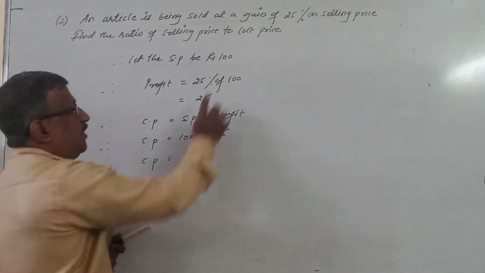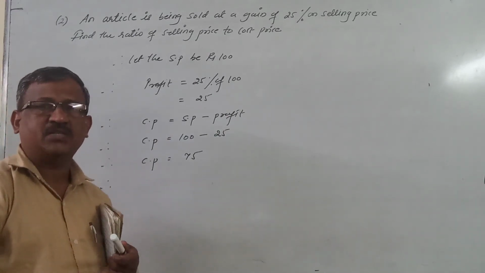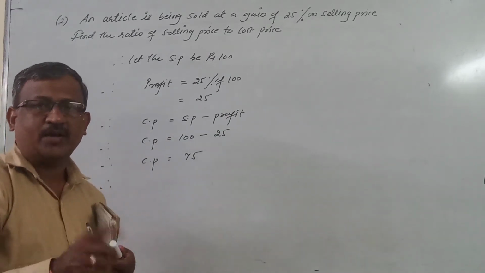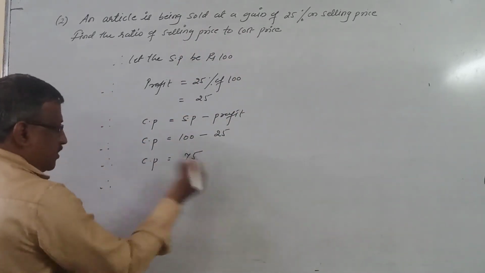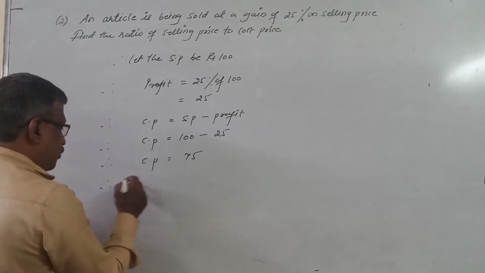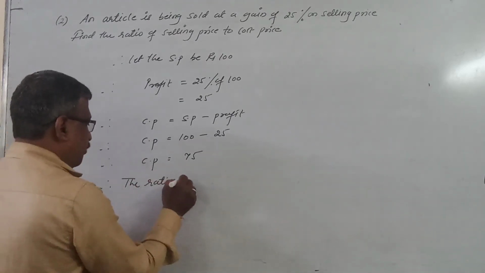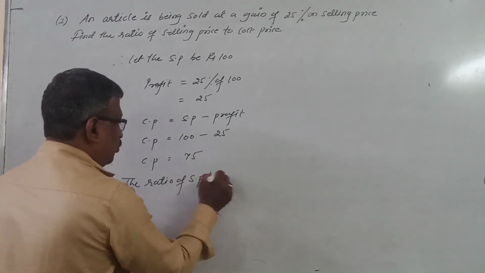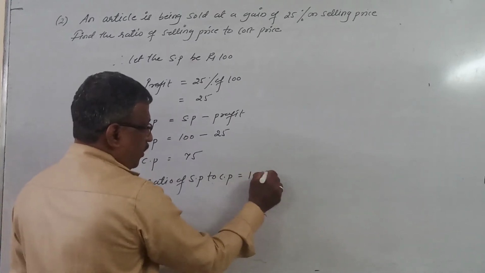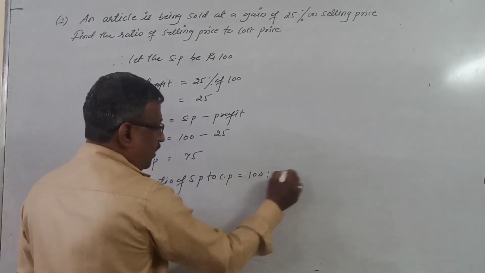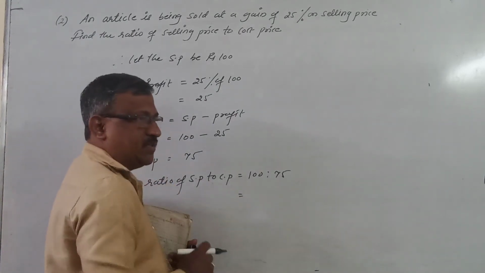Like this, you will come to know both the prices. Your cost price is 75 and selling price is 100. As both the prices are known, we can easily determine the ratio of selling price to cost price. They have asked you to compare selling price to cost price. So let's calculate the ratio. Therefore, the ratio of selling price to cost price is equal to 100 is to 75.